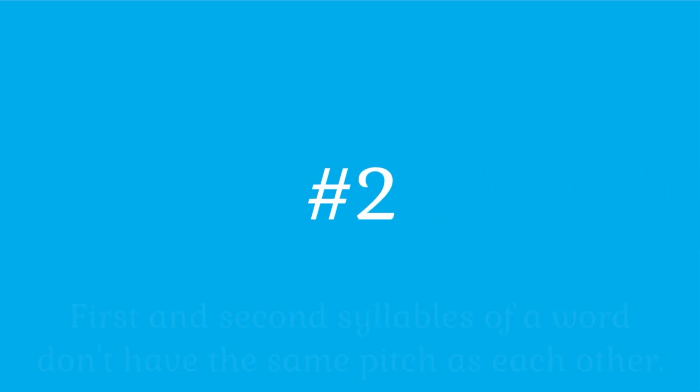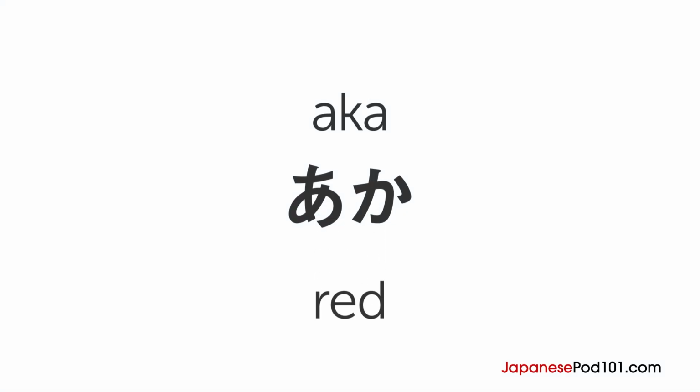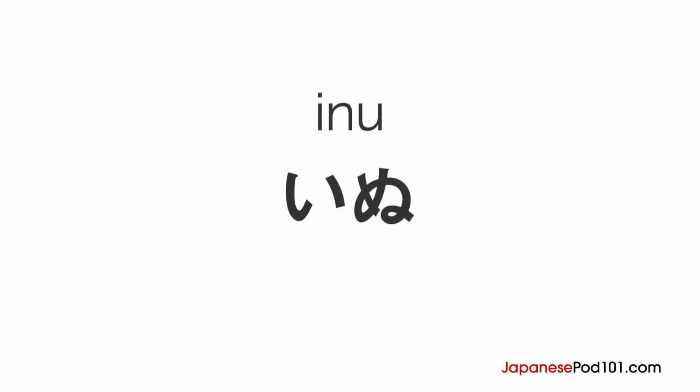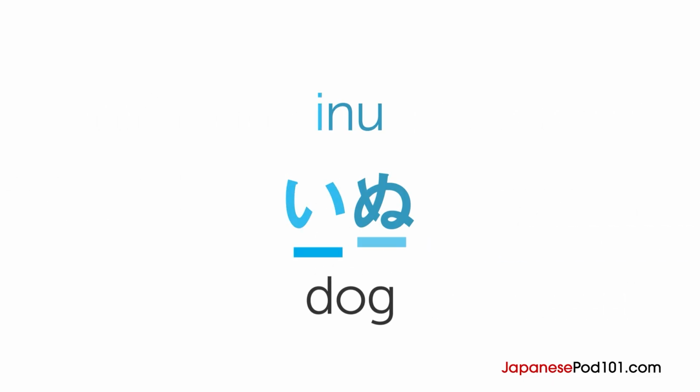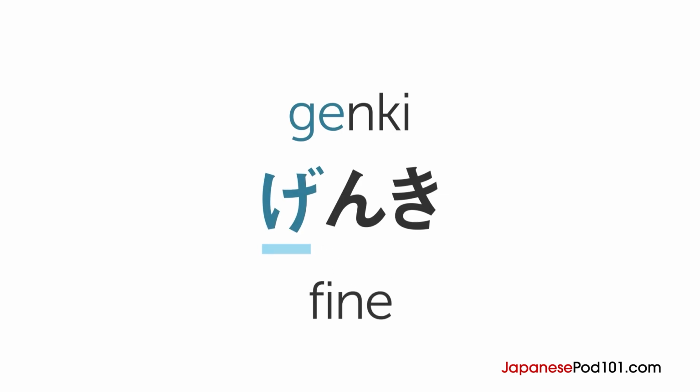The second rule is first and second syllables of a word don't have the same pitch as each other. Aka, red. Aka, aka, high and low. Inu, dog. Inu, inu, low and high. Genki, fine.